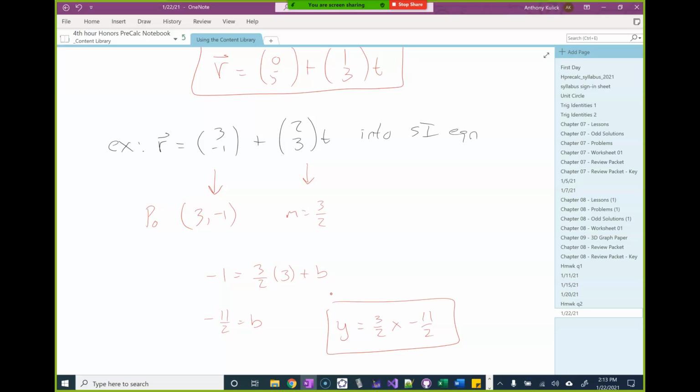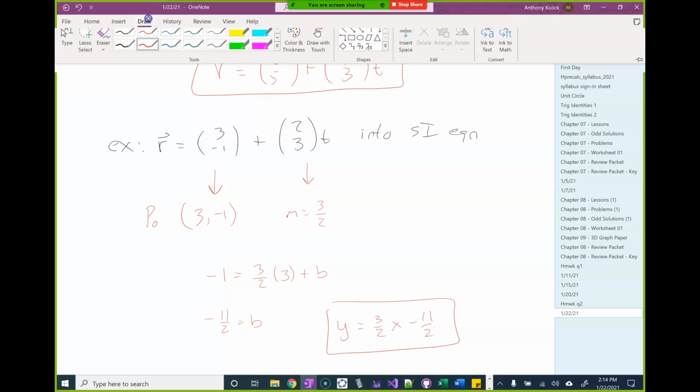Sound okay to you? That should look very much like an Algebra 1 problem, right? All you had to do was translate to get the point and the slope out of there, but after that it's pretty easy.